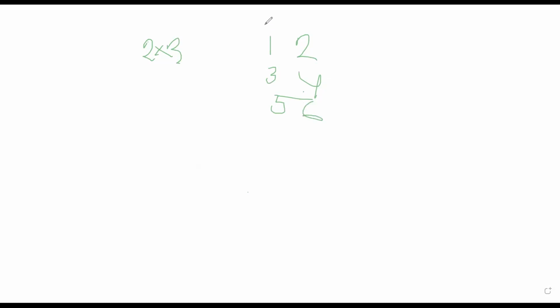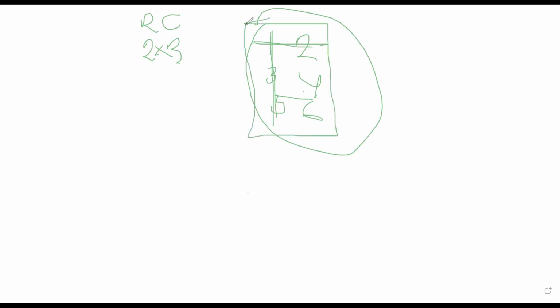In R, your row comes first, followed by your column. So this is our row and this is our column. So this is 2 by 3. And again, what we should take note of in R is indexing.